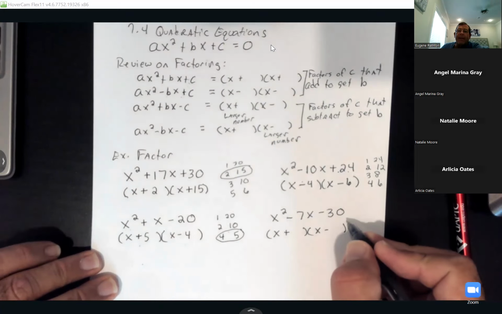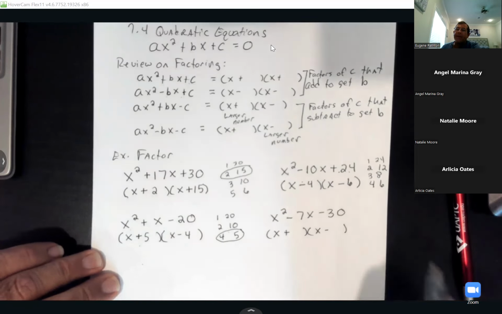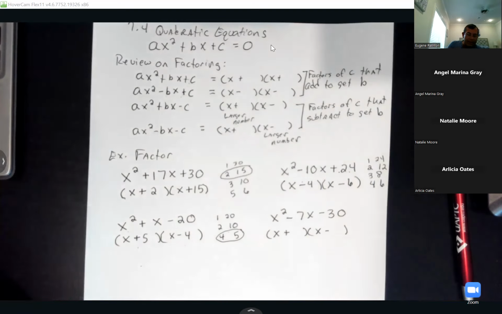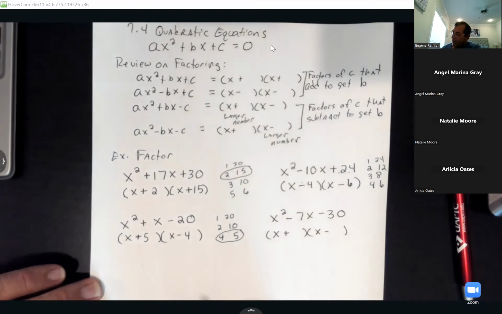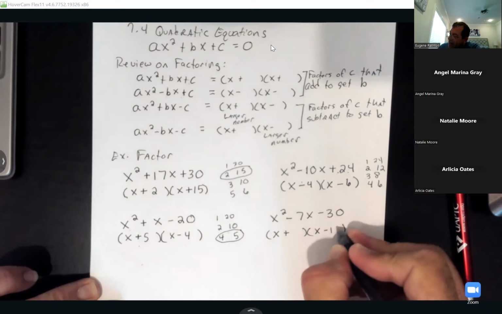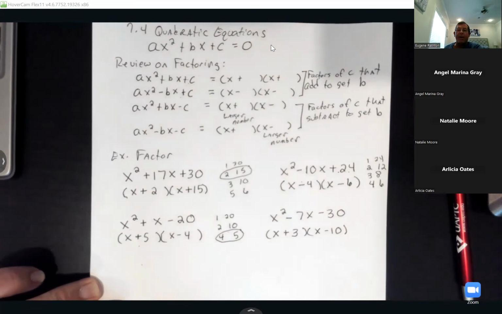Now, can y'all find me factors of 30 that'll subtract and give me a 7? 3 and 10. 3 and 10, that's perfect. Now, since my middle number is negative, my larger number has to be negative. So the 10 will be negative and the 3 positive.